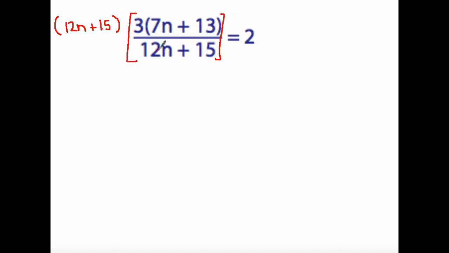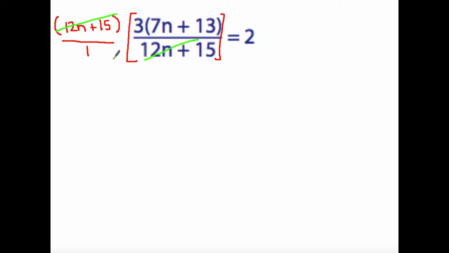It doesn't matter what it is, if you take the whole denominator, the whole thing on the bottom, and multiply it by that fraction, 12n plus 15 over 1, this will divide by this and make 1. Therefore, that whole denominator will cancel.